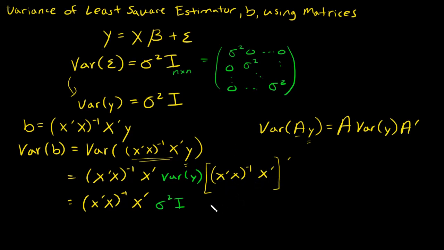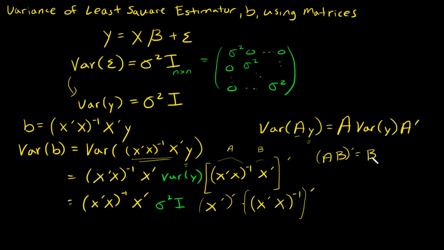So I'll have X transpose transpose, times X transpose X inverse transpose. Between these two steps, if this were A and this were B, then A times B transpose is the same thing as B transpose times A transpose.